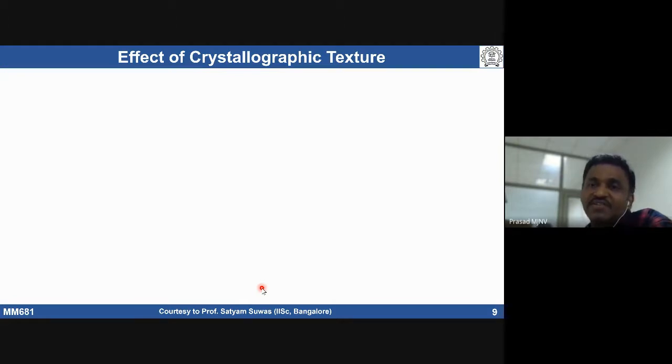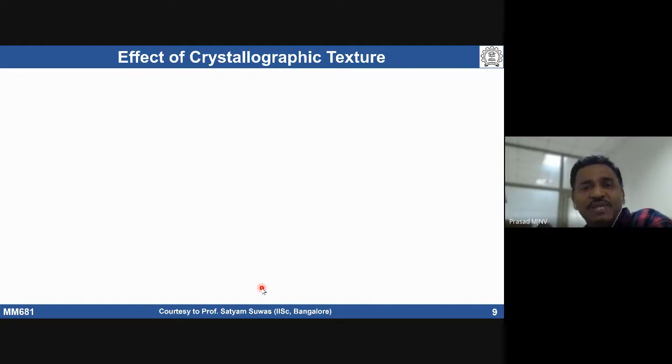So elastic modulus is a strongly anisotropic property, depending on which direction you're talking about. It comes from bonding. The moment the bond direction changes, bonding is going to change, so that can influence the elastic modulus and yield strength.